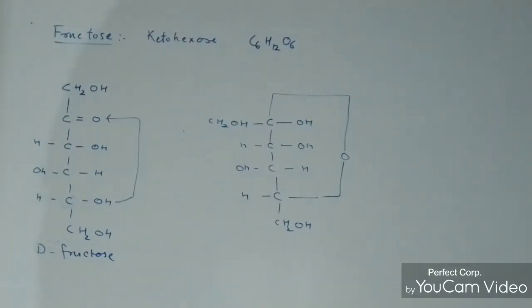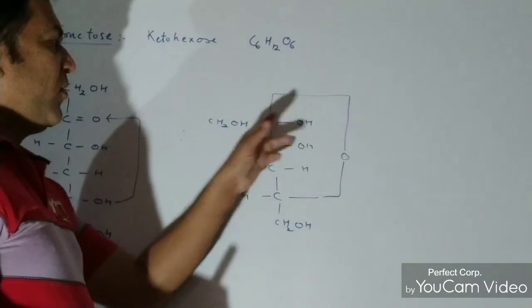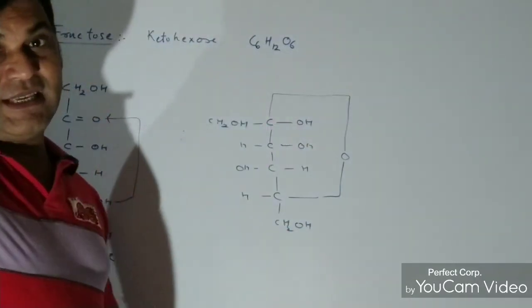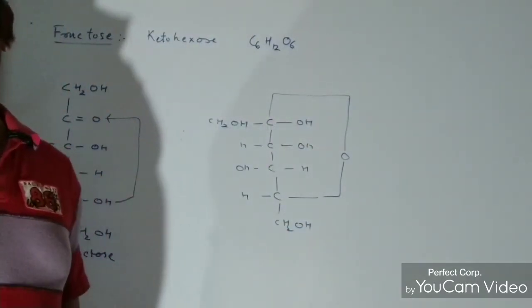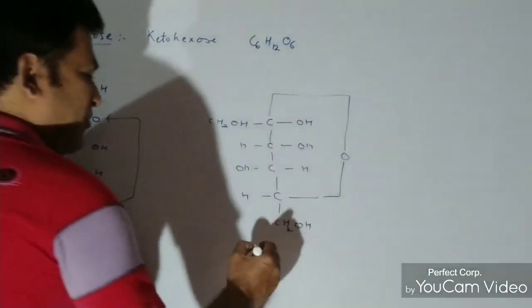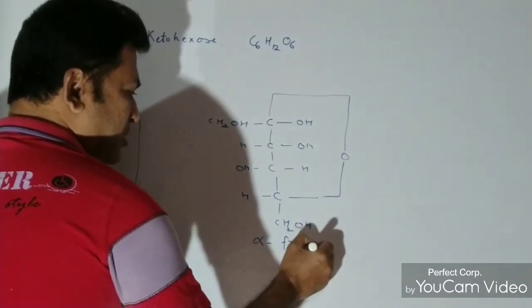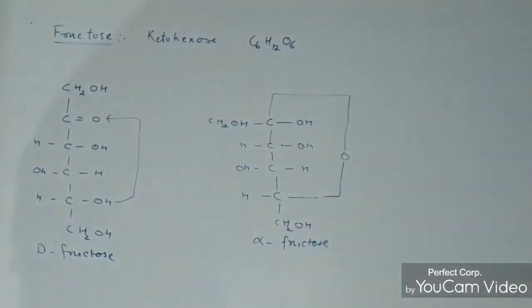Okay, so in this cyclic structure, here also now CH2OH and OH. OH is on the right side. And if OH is on the right side, we say that it is alpha glucose, alpha fructose. So this is the structure of alpha fructose.